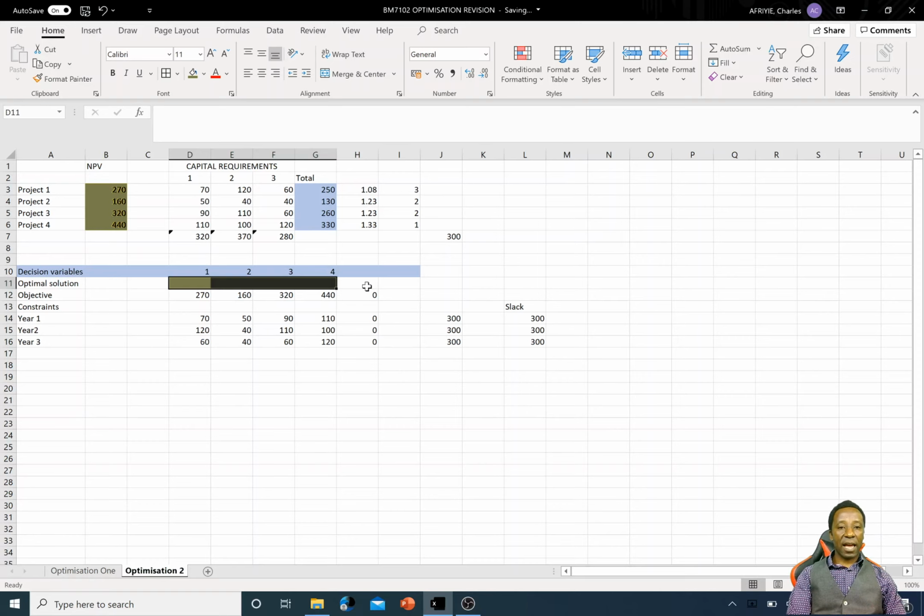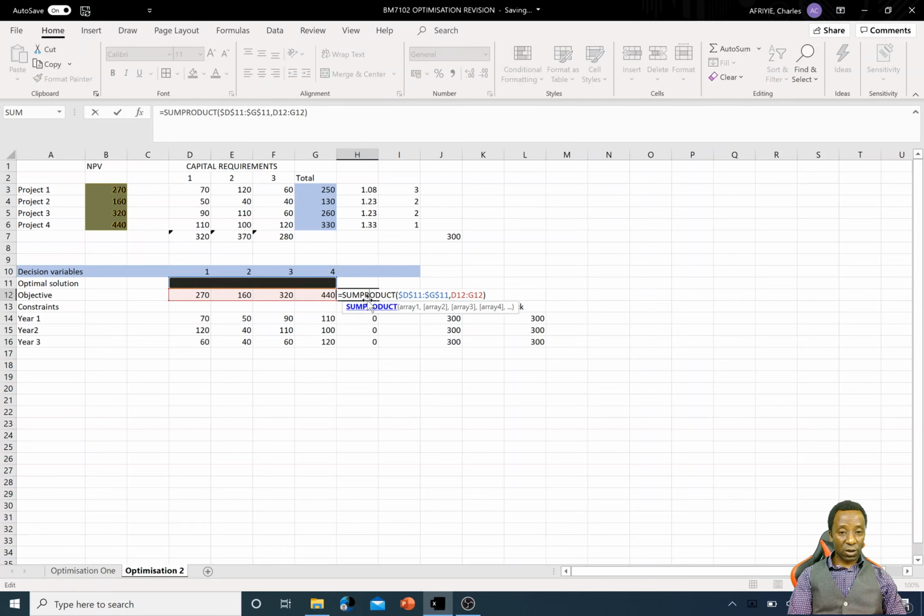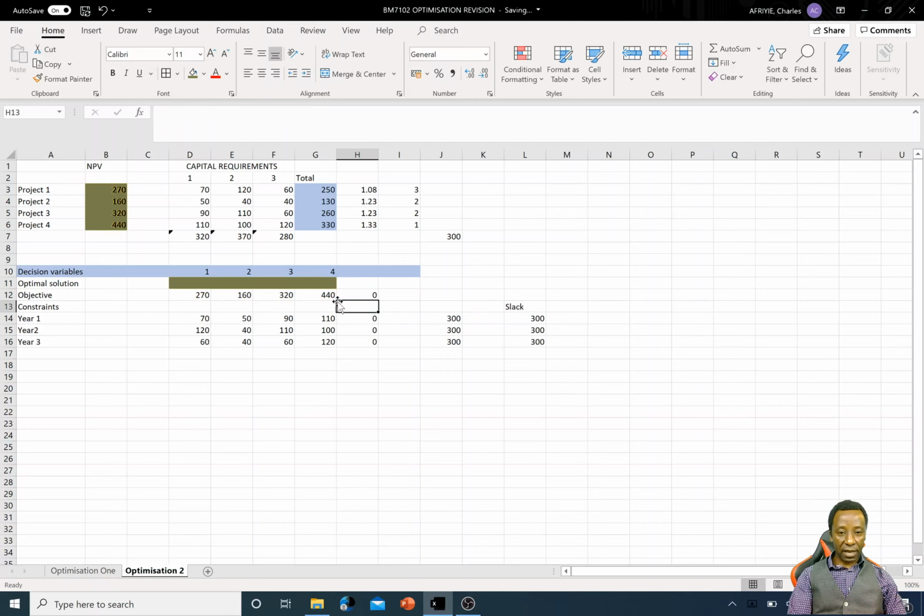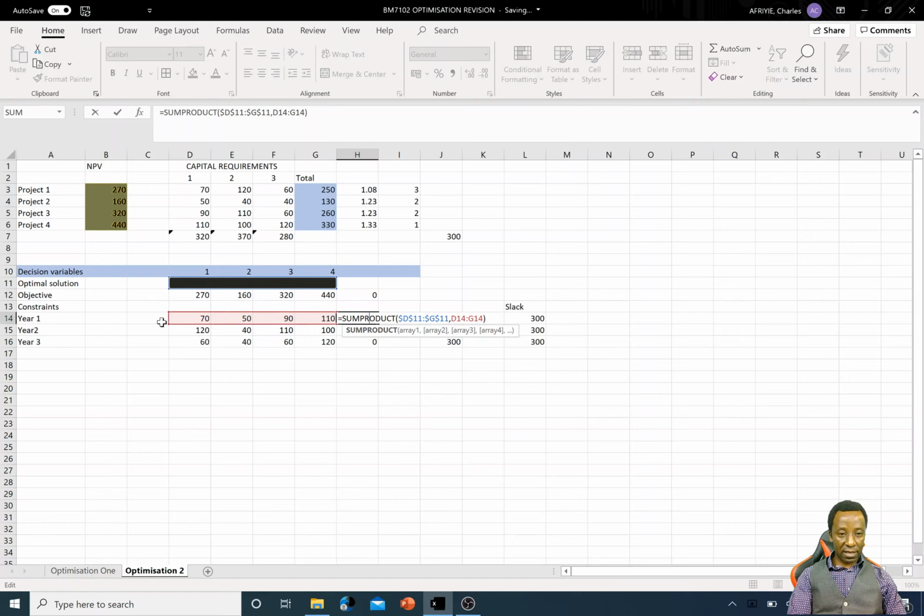And after I've typed in those constraints, what do I have to do? I have to use my sum product function. So I type my sum product and I bind the blank optimal values row with the objective unit, and then I just drag them down and check.